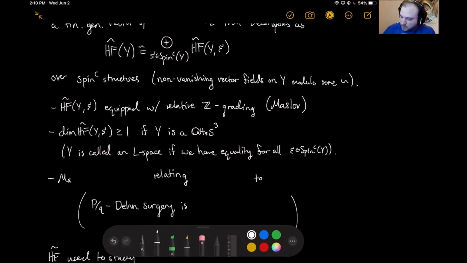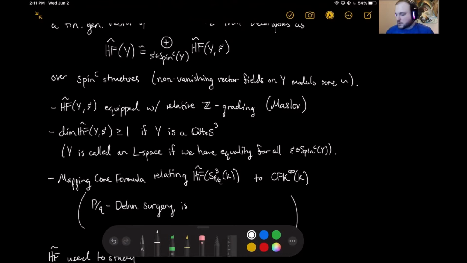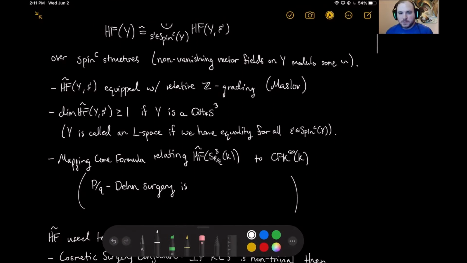We also have something called the mapping cone formula, which relates the Heegaard Floer homology for p/q Dehn surgery along a knot to the full knot Floer complex of that knot. So bridging knot Floer homology and Heegaard Floer homology.